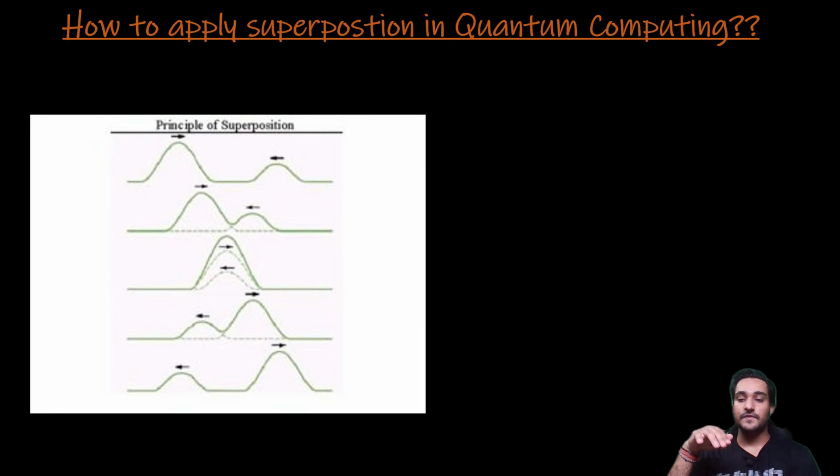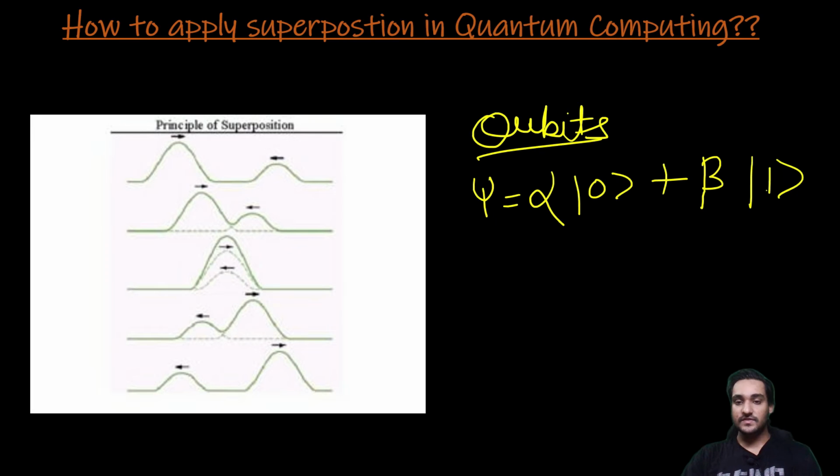So this was about physics, but how do we apply this concept in quantum computing? This was the idea I was telling you about a qubit, where a particular bit can be represented in a superposition state, a mixed state of both 0 and 1. You can see this representation might look weird, what kind of symbol this is, but I'll be telling it later.